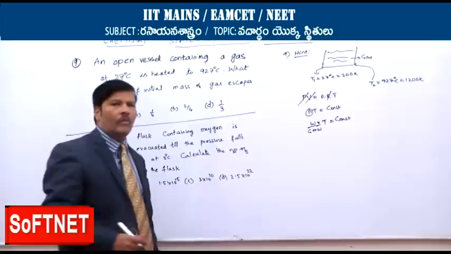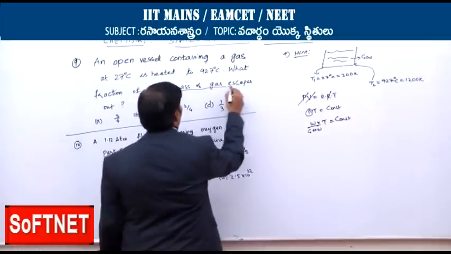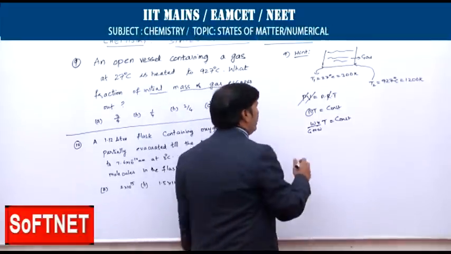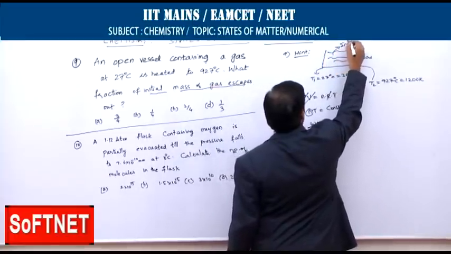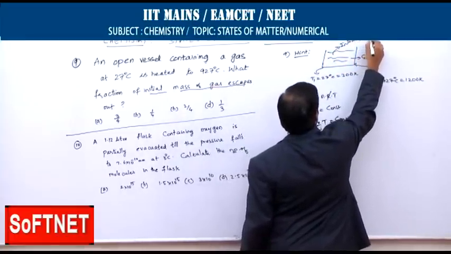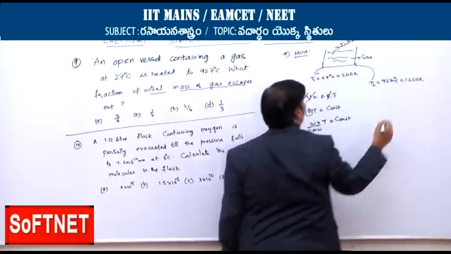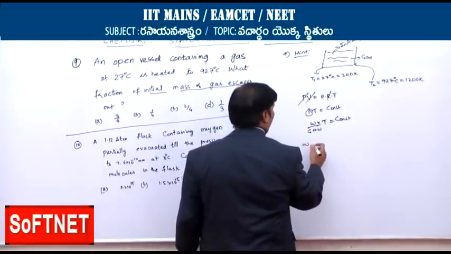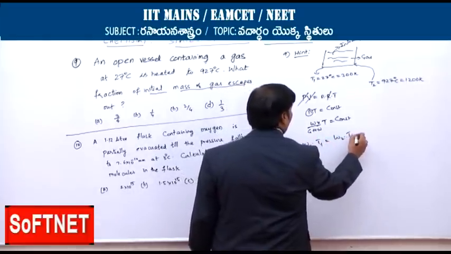Because he is asking clearly what is the fraction of the initial mass which has escaped out, let the initial mass be W1 grams. So W1 into T1 is equal to W2 into T2.